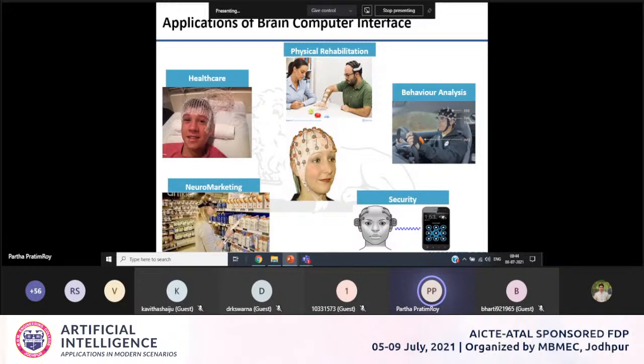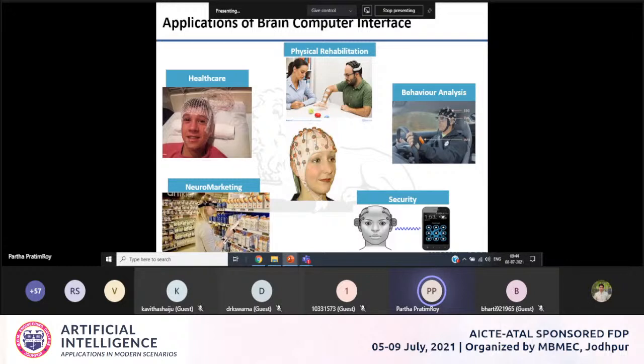There are many other works in the healthcare domain, and beyond this, EEG can be used for neuromarketing, which I was telling, emotion understanding, and games. Say you want to play a game, and you just imagine through the brain whether you want to move straight, left or right. It could also be wheelchair control.